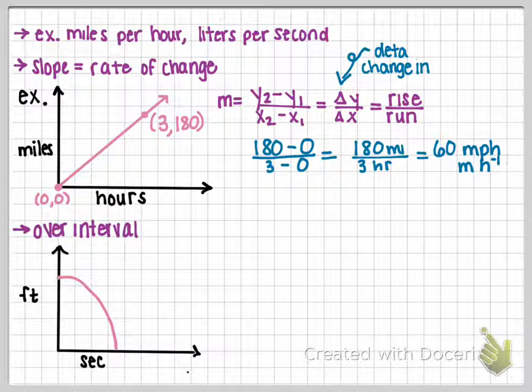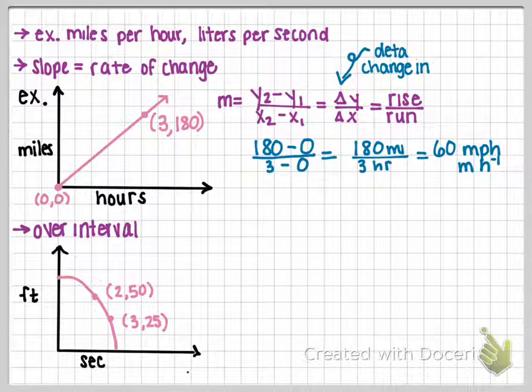Well, maybe we're trying to get our very best guess for what the instantaneous rate of change is at 2.5 seconds. So maybe we have information for this point right here, which is at 250. And maybe we have information for this point right here, which is at 325.